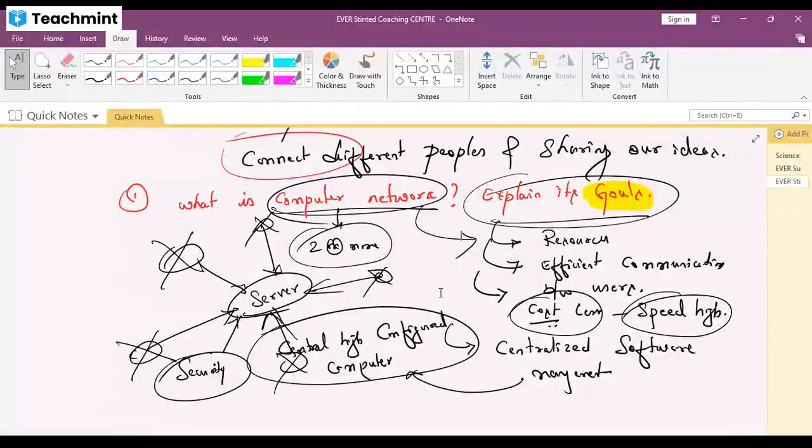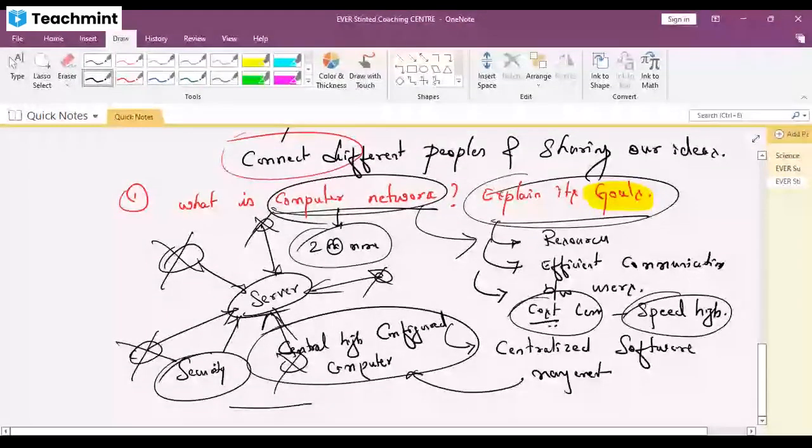If you announce something, all your audience will listen to you at the same time. You need not send messages individually to everyone. One time if you text, it will reach everyone at the same time. So your data cost will get reduced, you will reduce the time, and you will not be wasting much time. You can maintain the security. These are all points you are supposed to write.